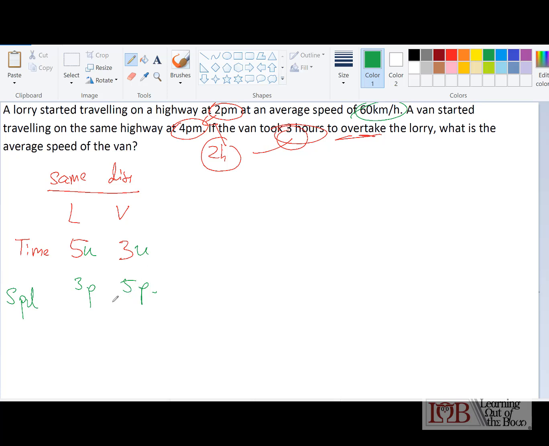So in this case, 3 parts is actually 60 km per hour, and 1 part is 20. And what is the average speed of the van? So you actually have 5 parts, which is 100 km per hour. Okay, hope this helped.